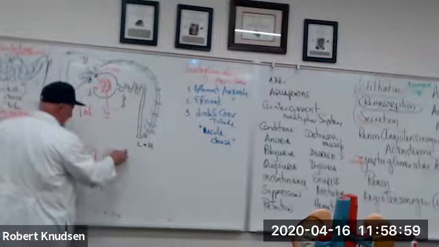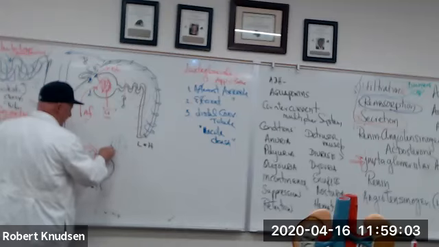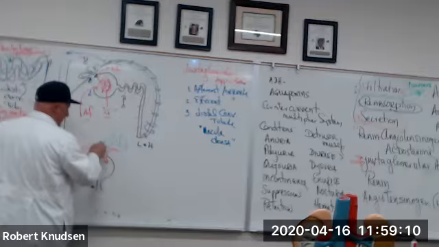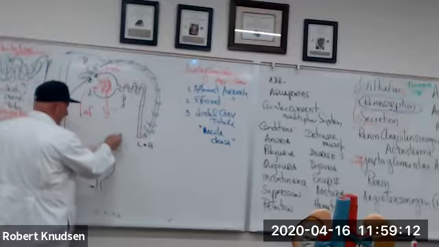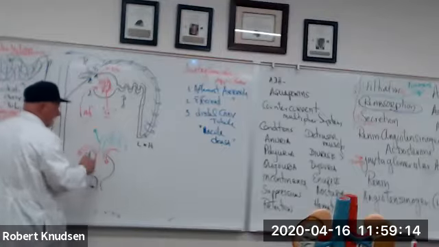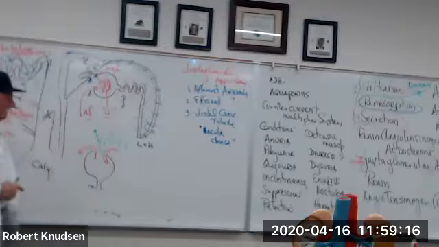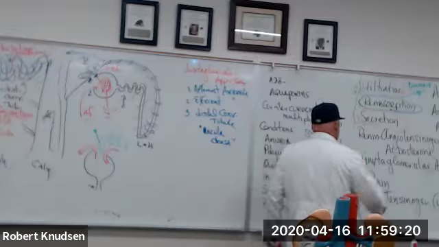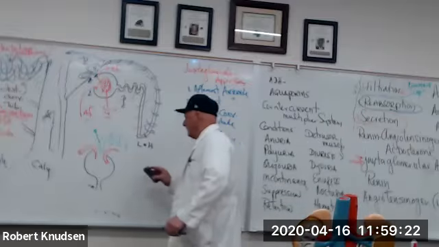And coming in, I'm going to make a section of it. Okay, this goes out like that. I want to make that bigger. Is the distal convoluted tubule, just a section of the distal convoluted tubule.